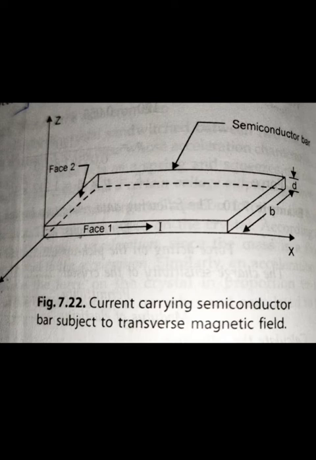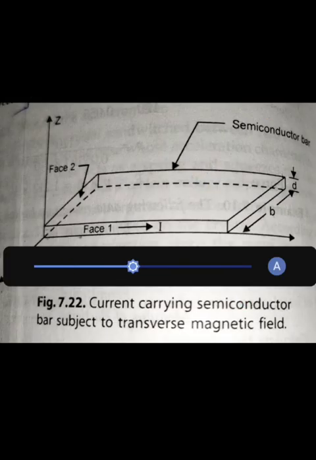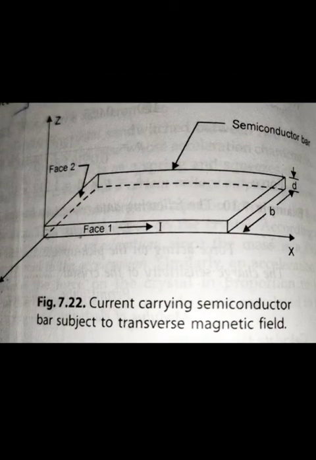where the figure shows the specimen bar. The specimen bar carries current I in the positive x direction, and let a magnetic field B be applied in the positive z direction.